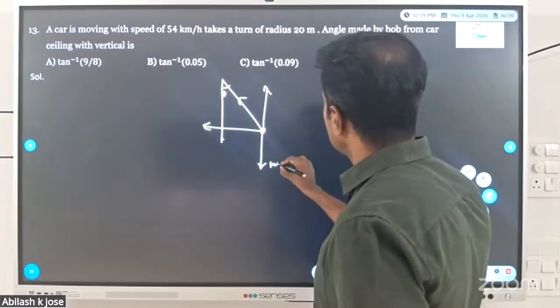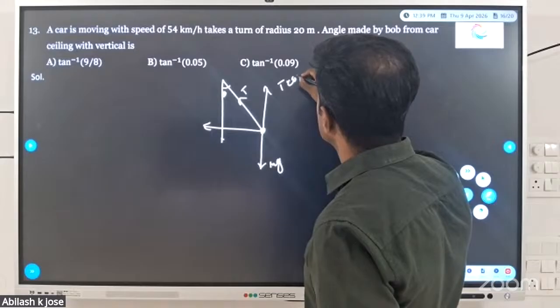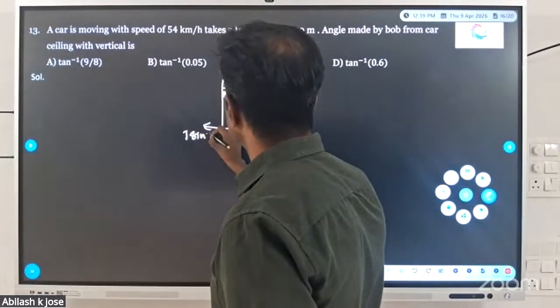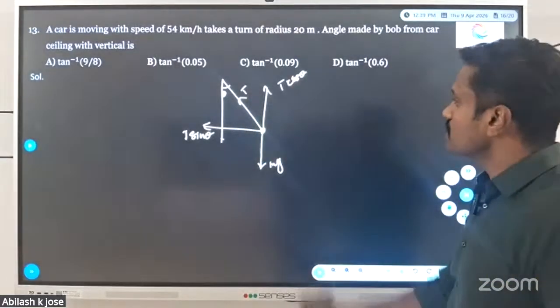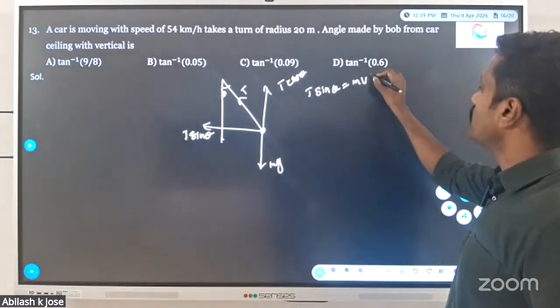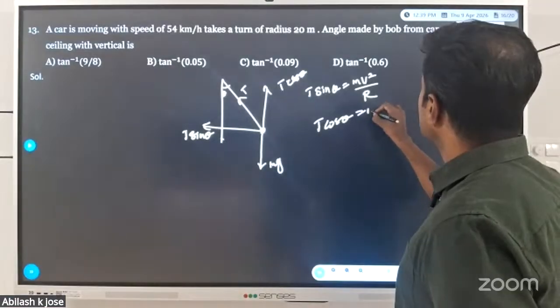So the forces are T, which resolves to T cos theta and T sin theta. T sin theta is the net force toward the center. We write T sin theta is equal to m v squared by R, the centripetal force, and T cos theta is equal to mg.